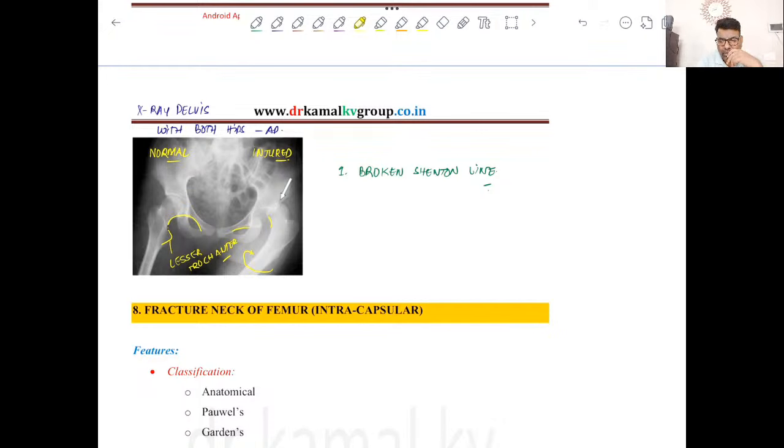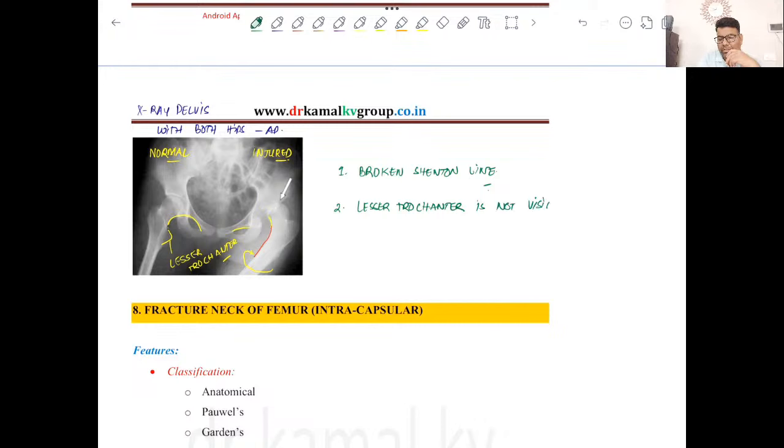So if you draw like this, you will not find the prominence of the lesser trochanter, because by the internal rotation it has gone somewhere behind the shaft of the femur, right? So it is not visualized. That is one very important feature. Lesser trochanter is not visible. Clear?